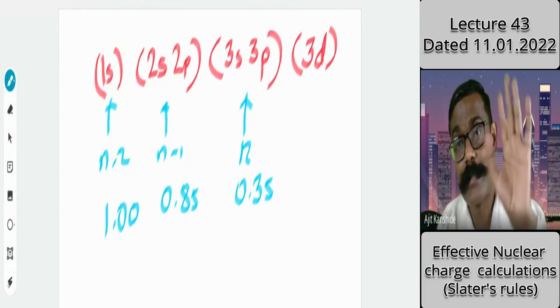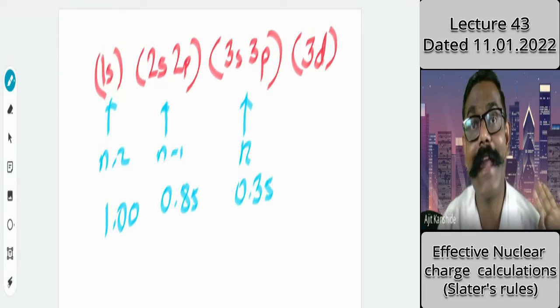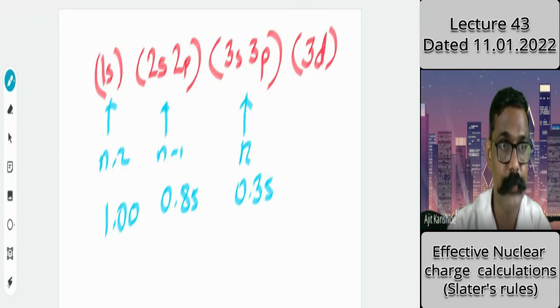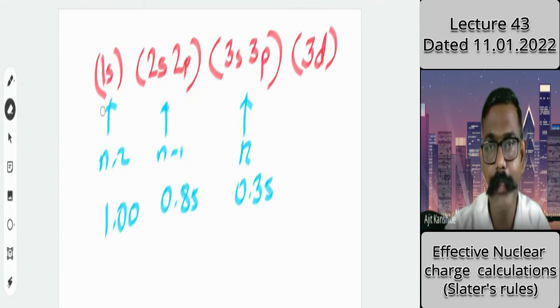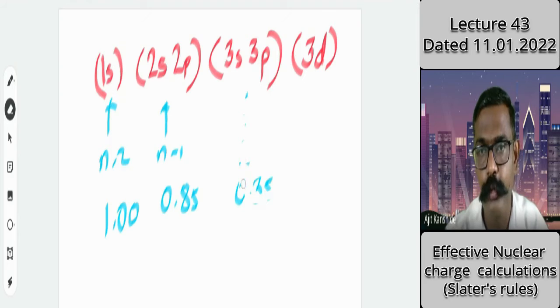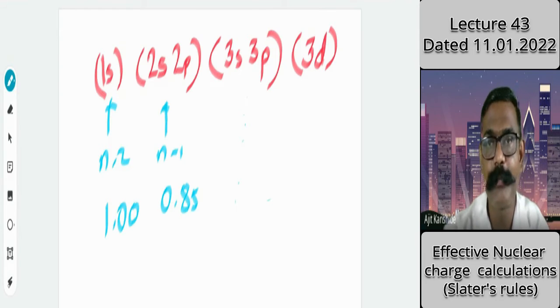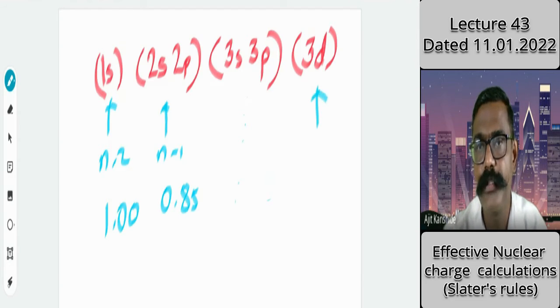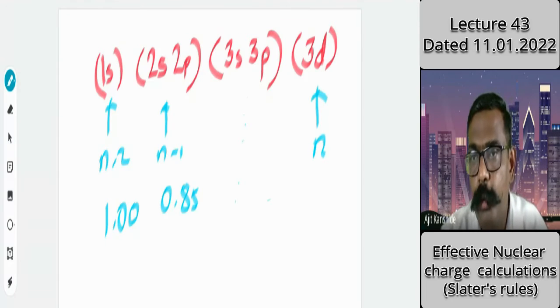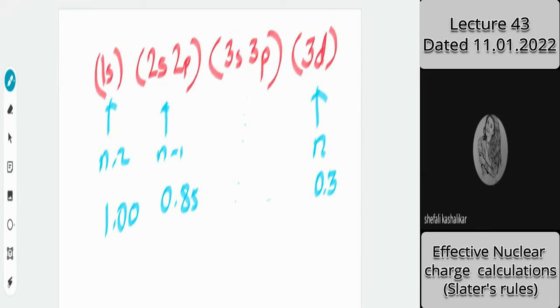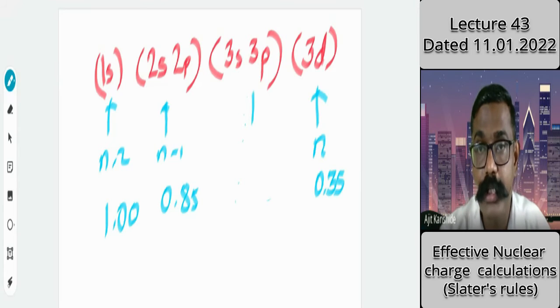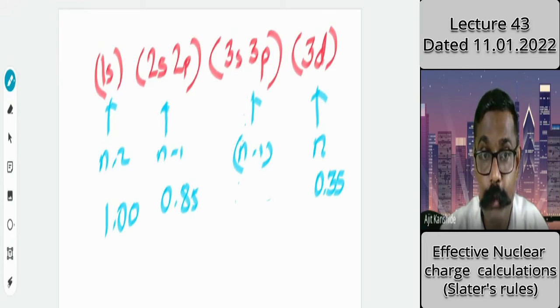That is because the outermost electrons are present in groups other than d and f. But if the outermost electron is present in this 3d, meaning it is our nth group, then what will the contribution be for neighboring electrons? 0.35, that's the usual. What about this 3s and 3p? It is n minus 1. As per the previous conclusion it was 0.85, but it is not now. What is the answer?